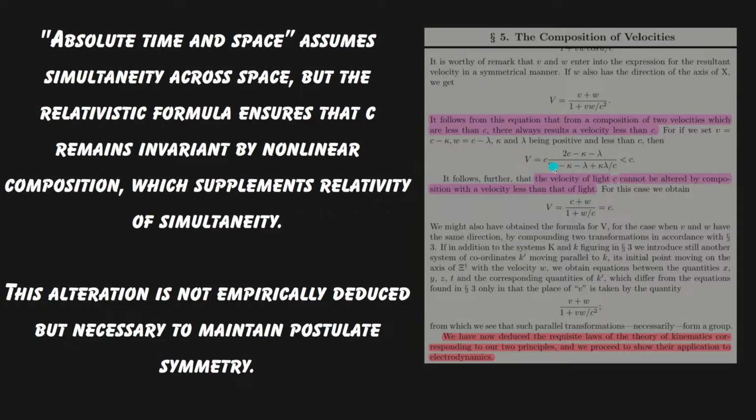But Einstein's saying, no, you gotta Lorentz up, and you also have to make it so that the speed of light is always the speed of light. So this isn't anything that was ever empirically measured. He's just mathematically imposing this to make it work out, to maintain the postulate of the symmetry.